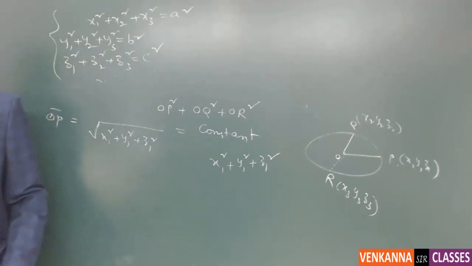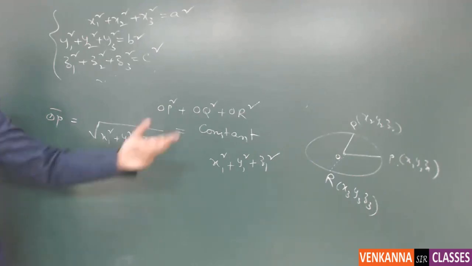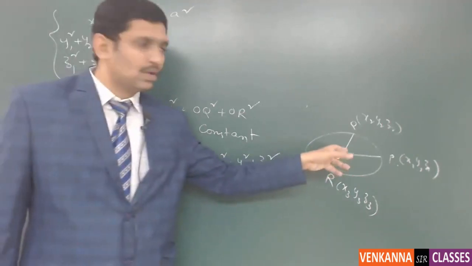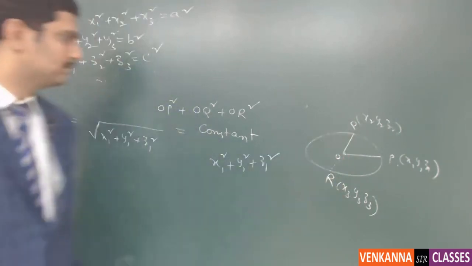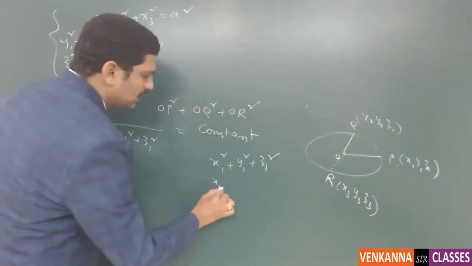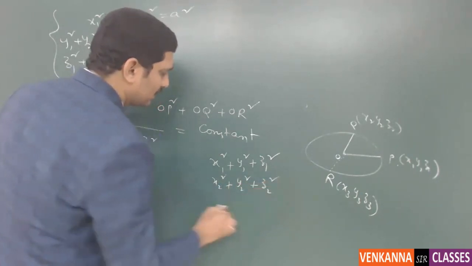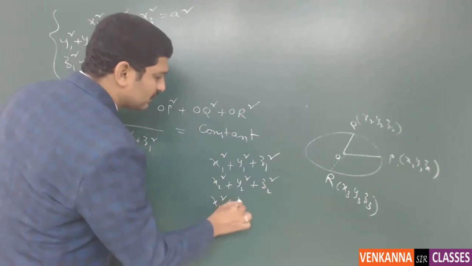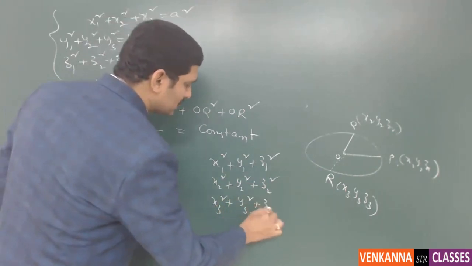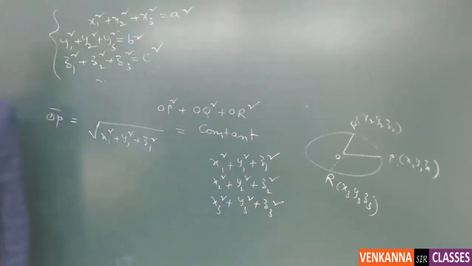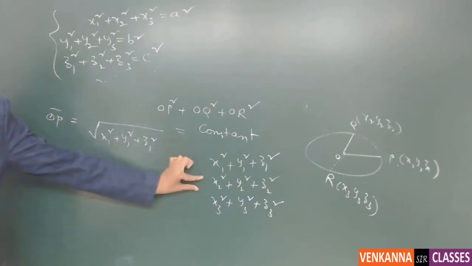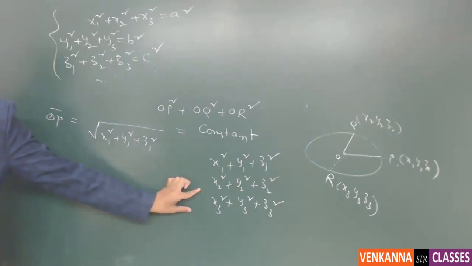Accepted? Similarly, if you consider the other distances OQ and OR, it is nothing but x2 square plus y2 square plus z2 square and x3 square plus y3 square plus z3 square. This is OP square, OQ square and OR square.